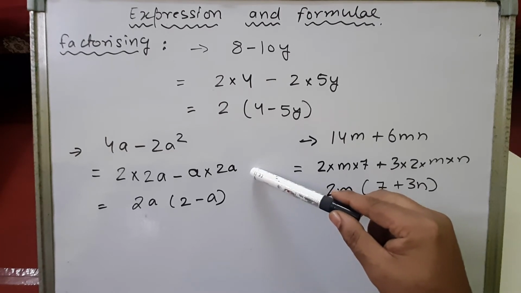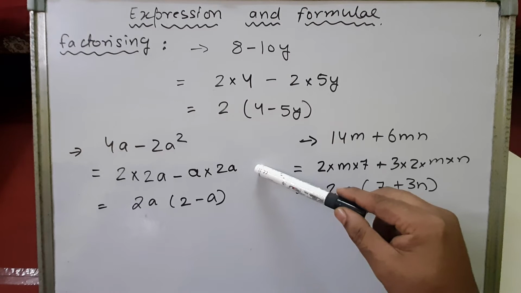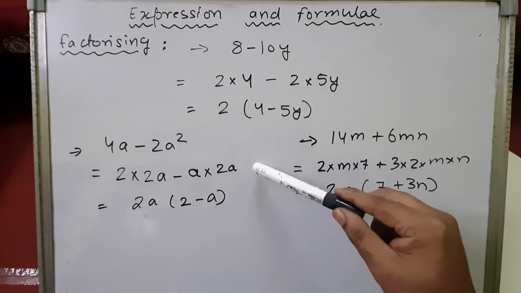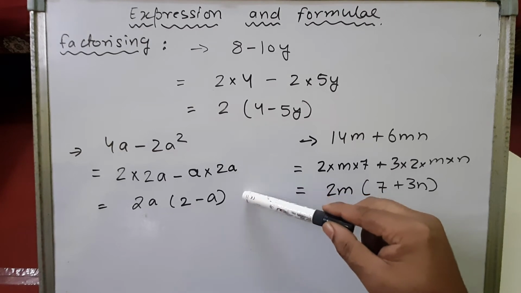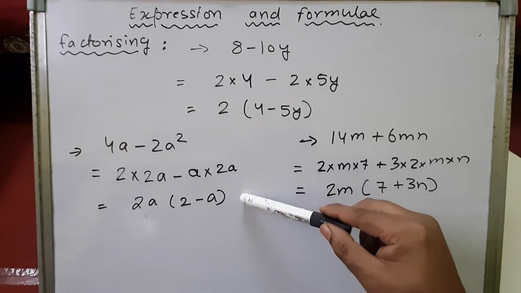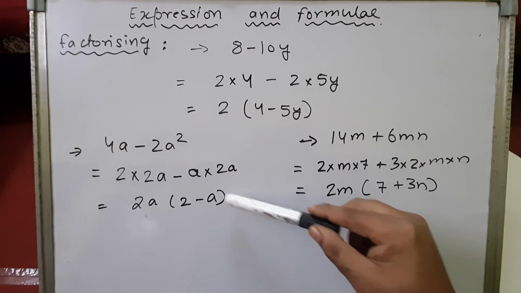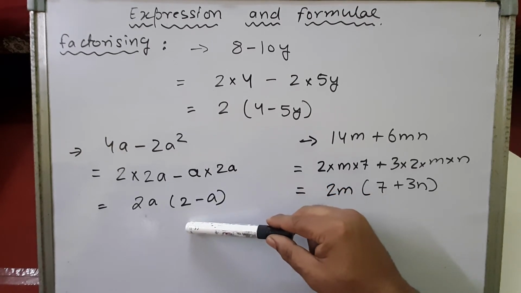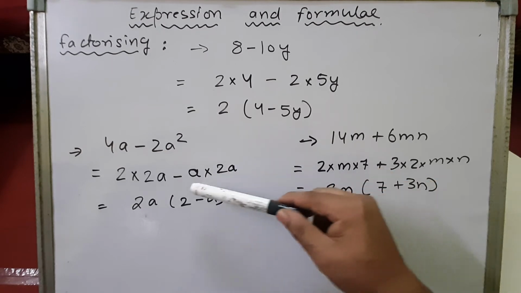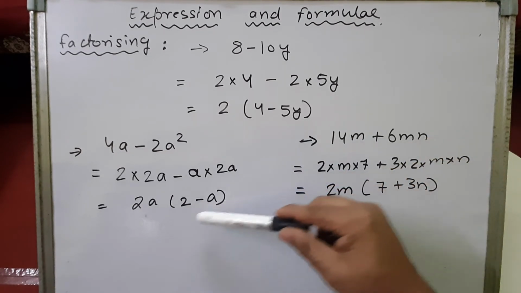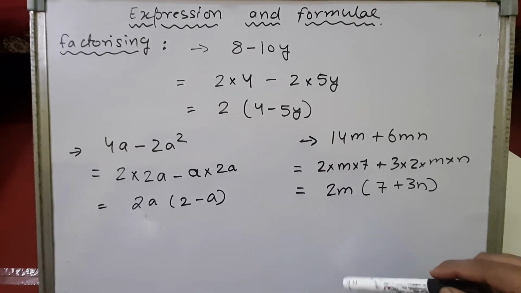So we'll take 2a common. When we take 2a common, the answer is 2a bracket 2 minus a. In the first term 2 will remain and in the second term a will be left, right? Whatever is left after taking common, we write inside the bracket.